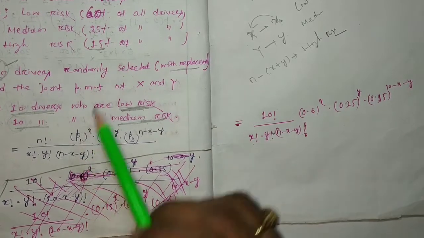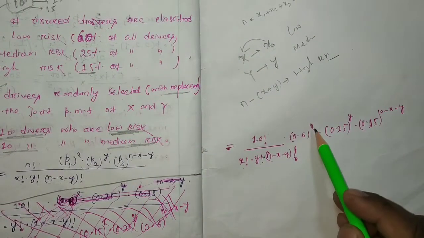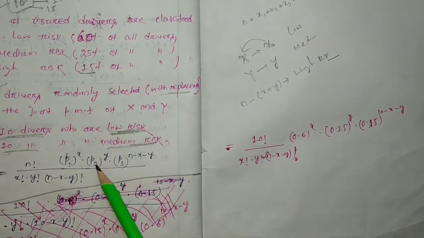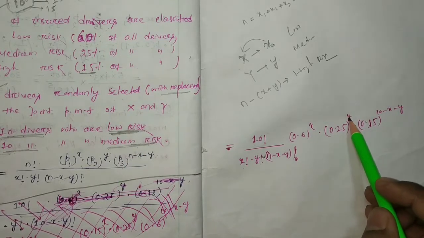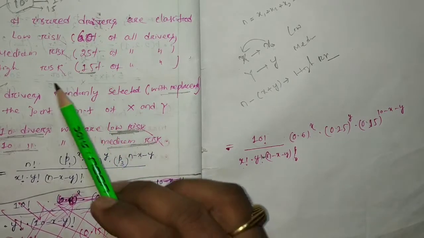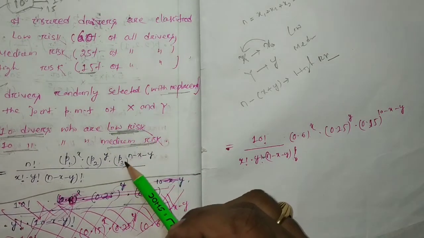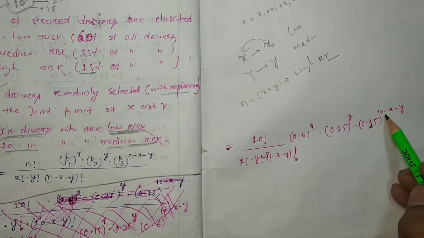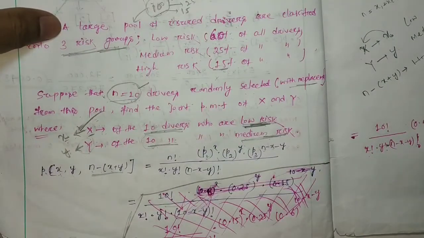Here p1 is your 60 percent, so it will be 0.6 to the power x, and medium risk is your 25 percent, so p2 is 0.25 to the power y, and p3 belongs to high risk. High risk percentage is your 15%, so p3 will be 0.15 to the power 10 minus x minus y. This is your required answer, whatever was asked in the question.